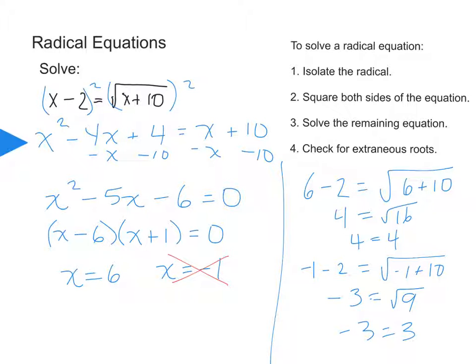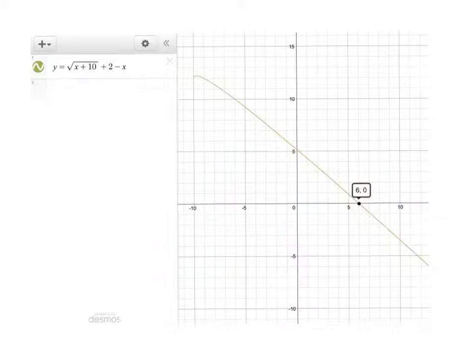If you're going to solve by graphing, there are two options for how you would do that, so we'll look at both of them. The first one is to take that original equation, put everything on one side of the equal sign, and then graph the related function. So we take x minus 2 equals root x plus 10 and subtract x and add 2.